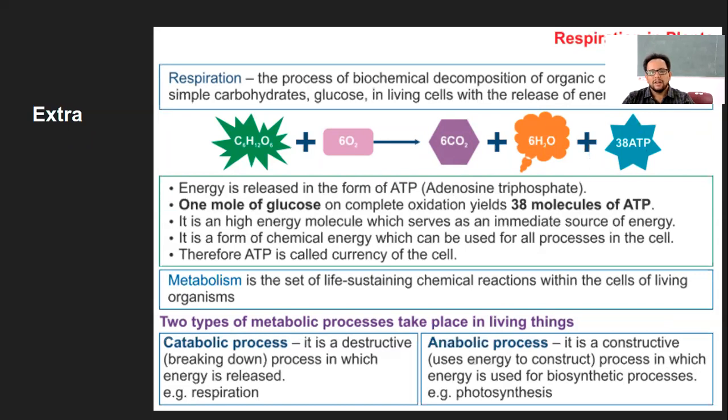And that is the process of respiration. Again, this is not the respiration that we commonly call exhalation and inhalation. This is cellular respiration. So at the cellular level, oxygen is taken and carbon dioxide is given. That is cellular respiration, where the glucose is broken down and the energy is released.